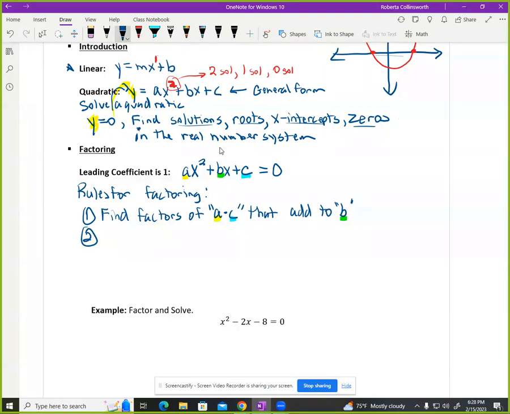The second step is to write the quadratic as linear factors. So it could look like this.